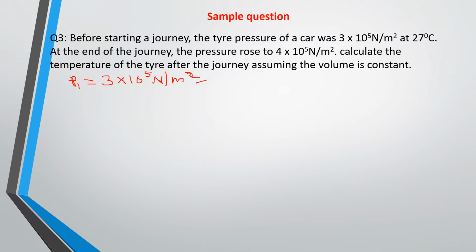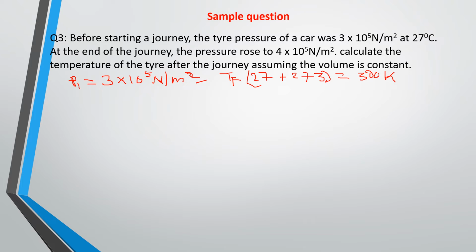Then we're also given that T1 is equal to 27 degrees Celsius. So basically, as we did for the other one, just convert it to temperature in Kelvin. If you do that, you are going to have that your initial temperature T1 is equal to 300 Kelvin. Okay, I hope that is clear.